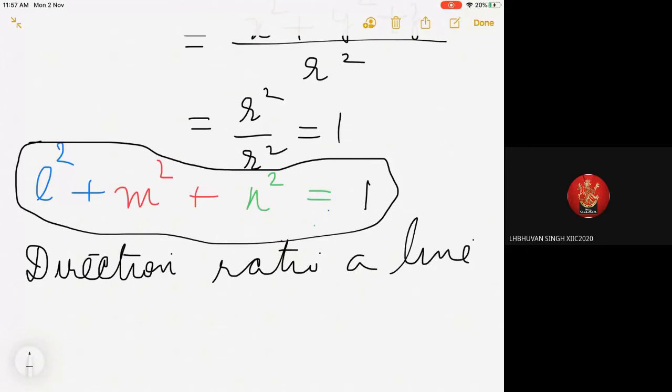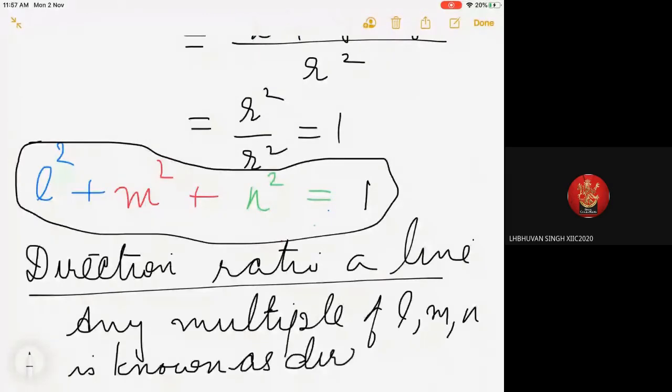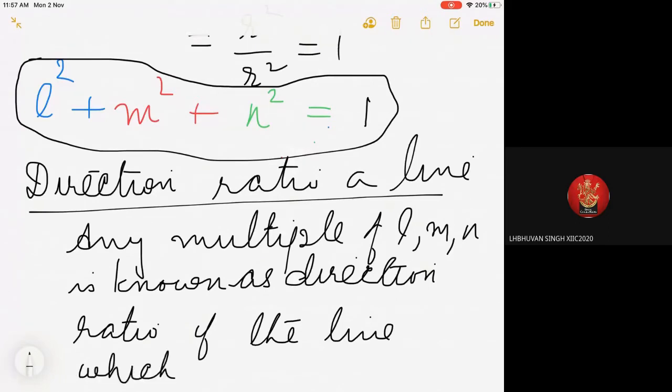Direction ratio of a line, any multiple of L, M, N is known as direction ratio of the line, which is denoted by, this is only notation, denoted by A, B, C.